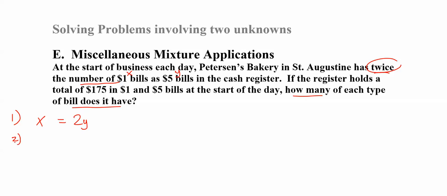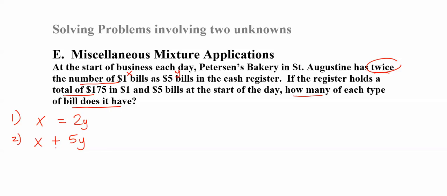Okay, so when we have two variables, we must have two equations. So you need to reread carefully to see another comparison. It says in the other sentence that if the register holds a total of $175 in $1 and $5 bills, so that means that I have X plus 5Y, and I'm doing the 5 times Y because the Y is $5 each.